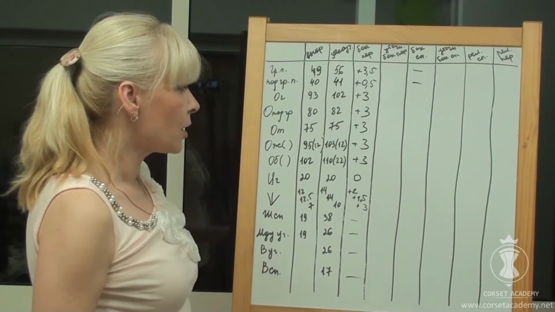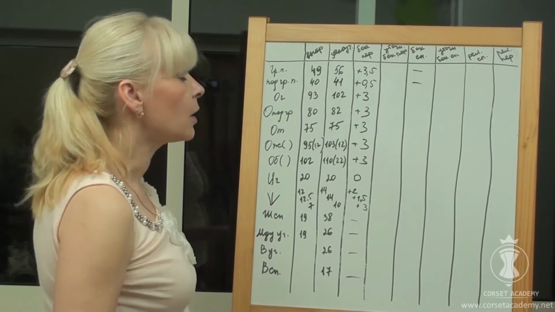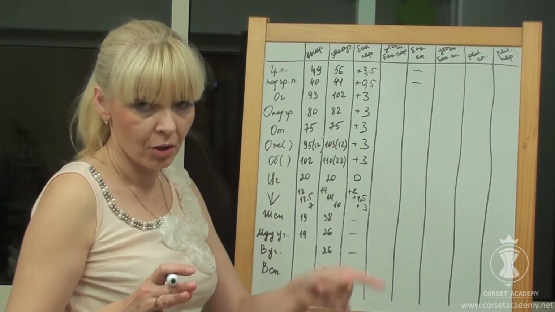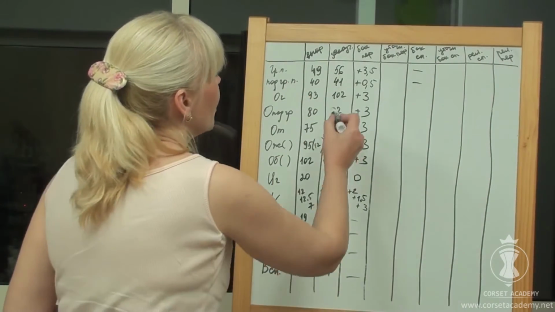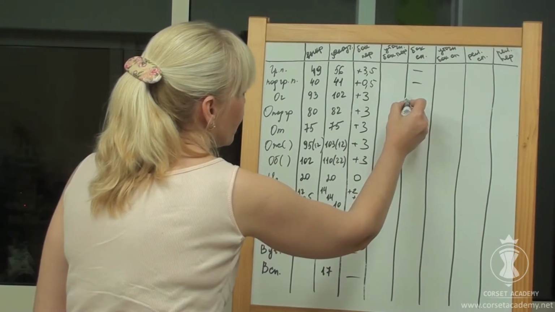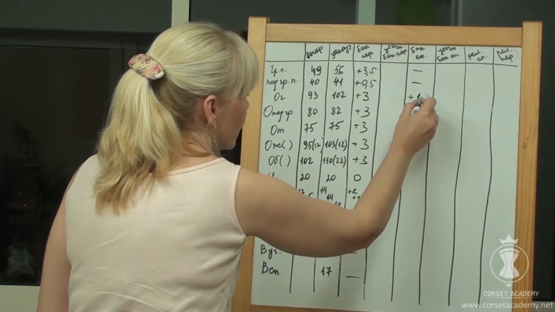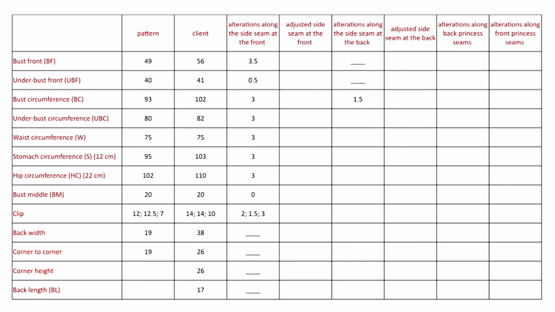I divide the value in half. As you can see, I need to expand the pattern by 1.5 centimeters from each side along the bust line. I write 1.5 centimeters into the table.